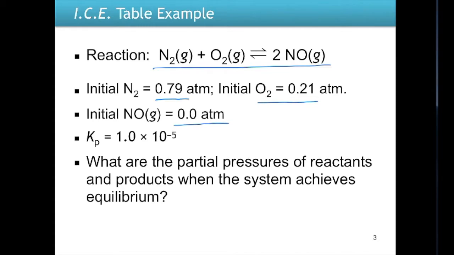So we're starting this reaction only with reactants, and we're going to let it proceed to equilibrium, and then we need to know how much N2, how much O2 remains at equilibrium, and how much NO gets formed. The only other information we'll be given, in this case, is the equilibrium constant Kp. So again, we're asked, what are the partial pressures of reactants and products when the system achieves equilibrium?